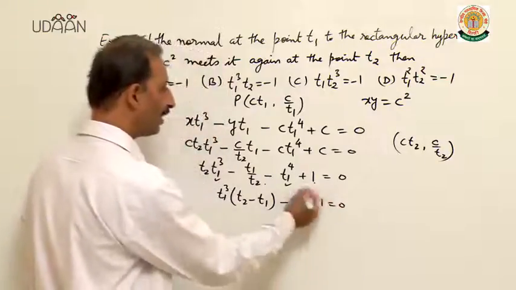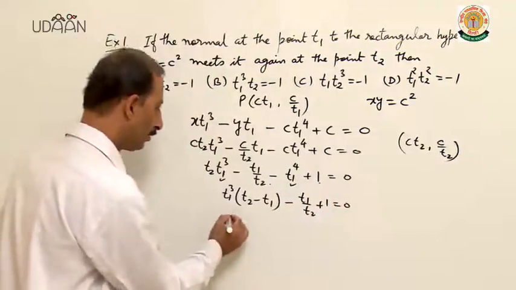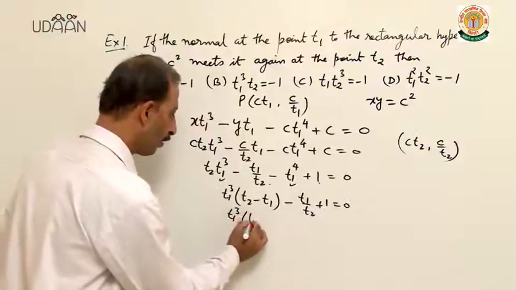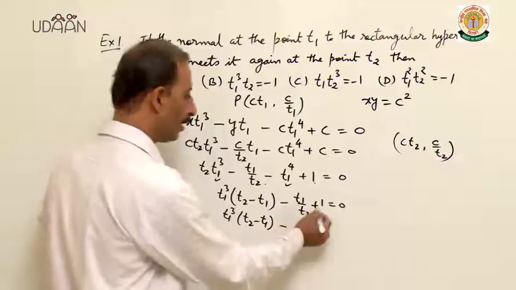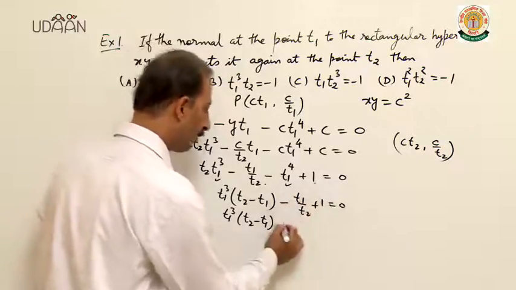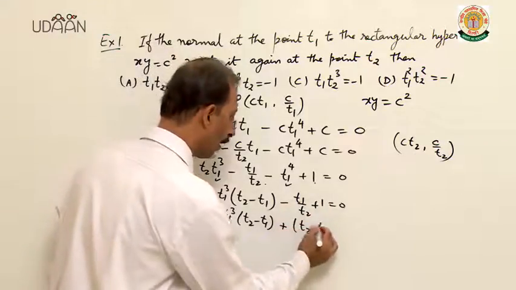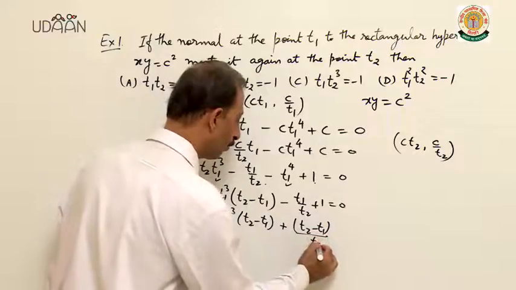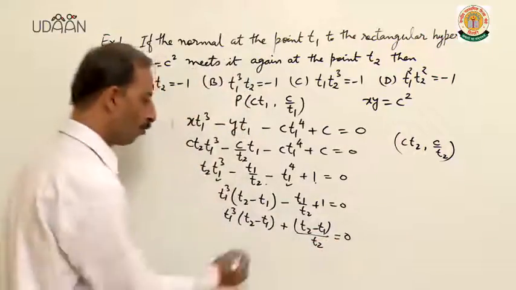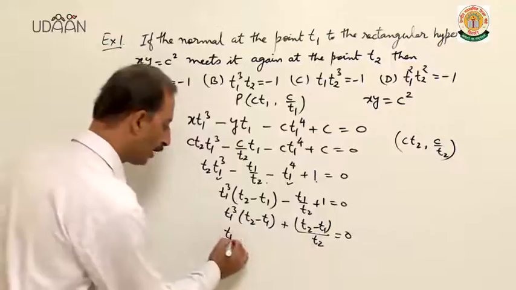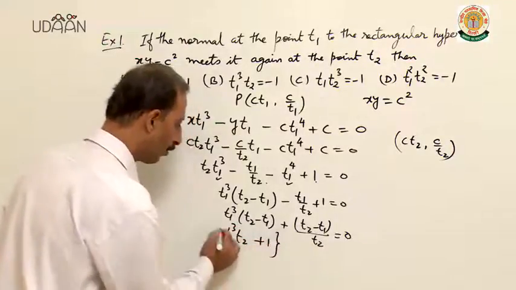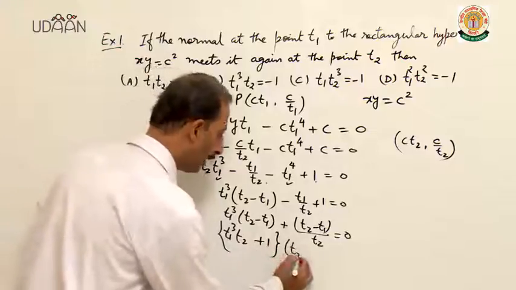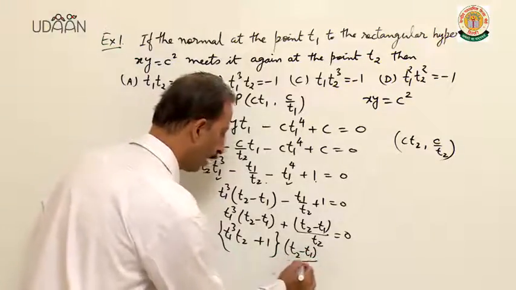If you take LCM here, how much will you get? t2 minus t1 upon t2. Further taking LCM, t1 cube into t2 plus 1, I have also taken t2 minus t1 common, upon t2.